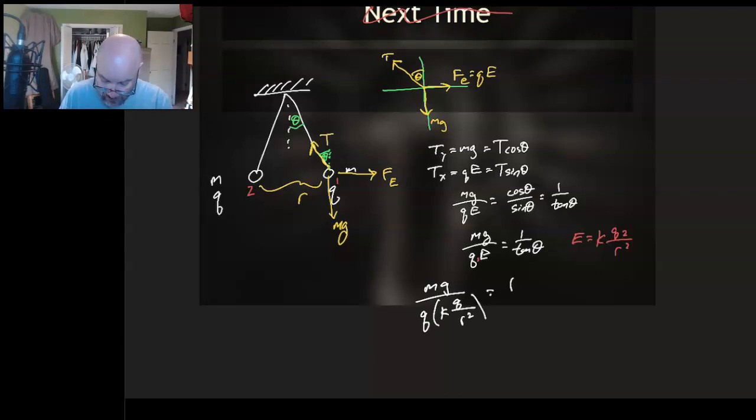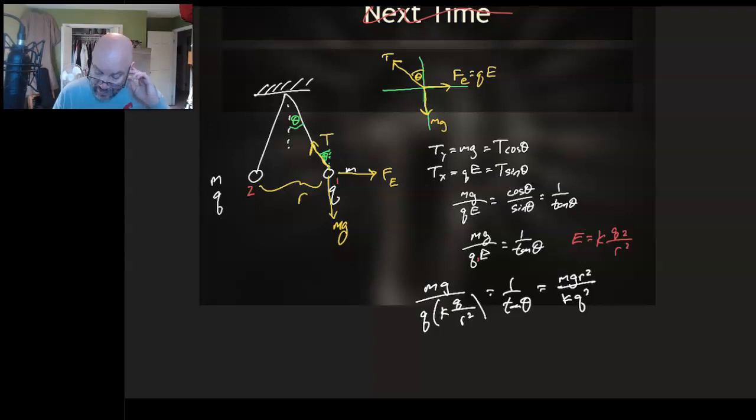It's 1 over tangent theta. So I got a Q squared in there now, and I got R squared. My R squared's in the denominator of the denominator. It's got to come back up on the top. So I'm going to have mg R squared over KQ squared, like that.